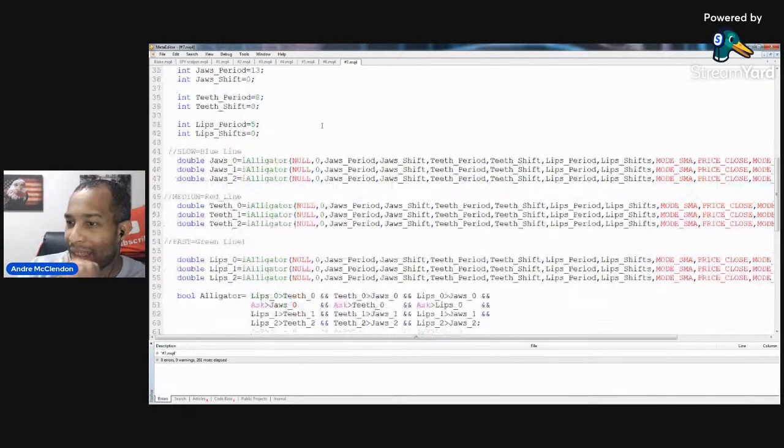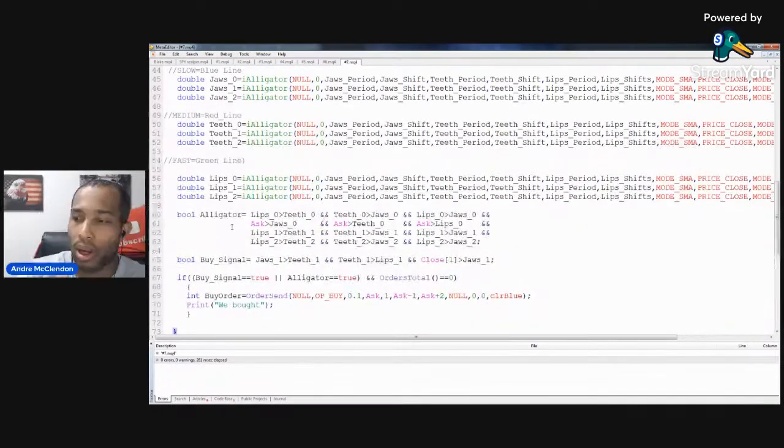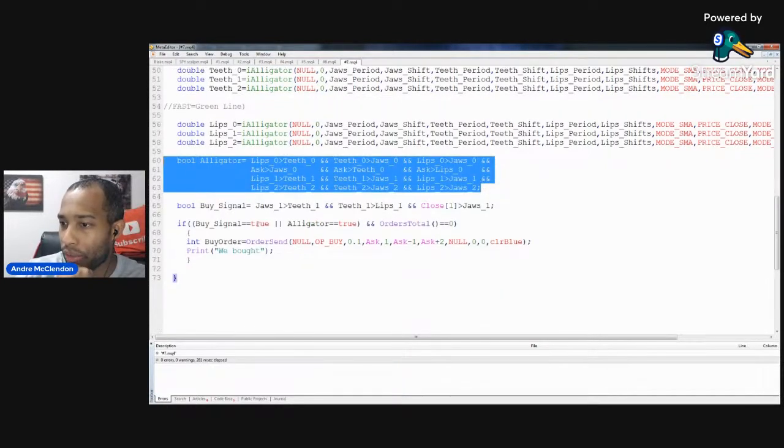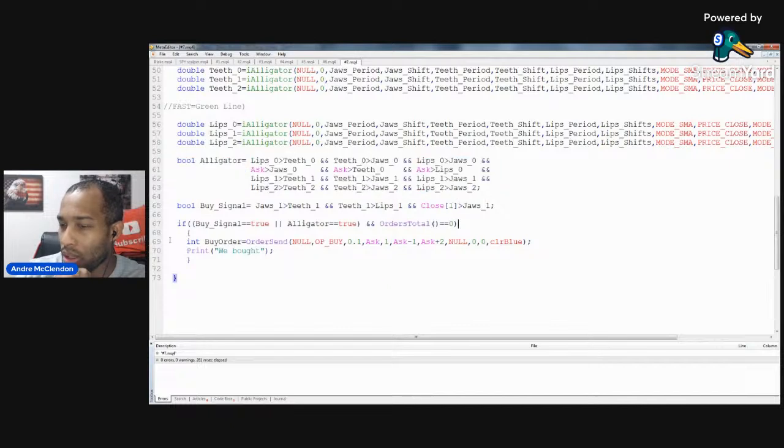We got the blue line, medium, double check. Yes, it's precious lines. Good job on the organization, something I can read real easily. Later on, we can't use this anymore. This is too elementary, orders total, but it works for this program.